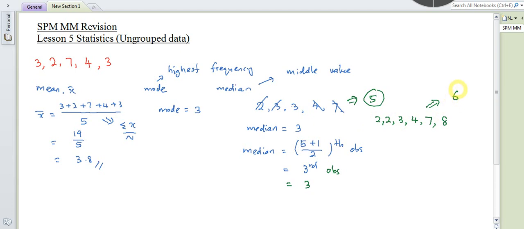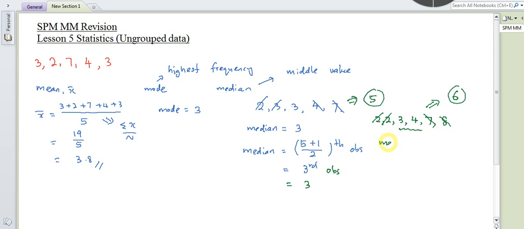I have 6 data here, so this is an even number. There should be 2 middle values. You see, cancel 1 on the left, cancel 1 on the right. The same thing, you have 2 middle values.